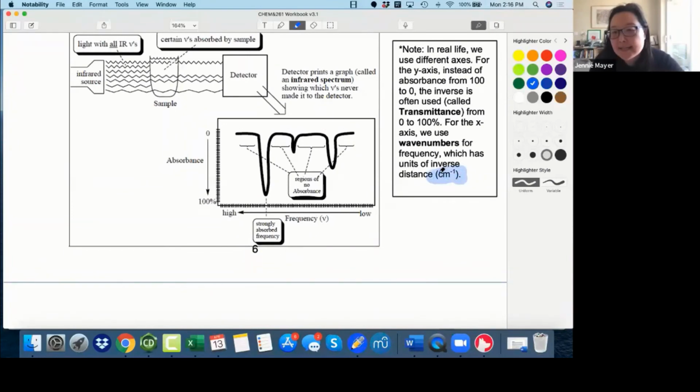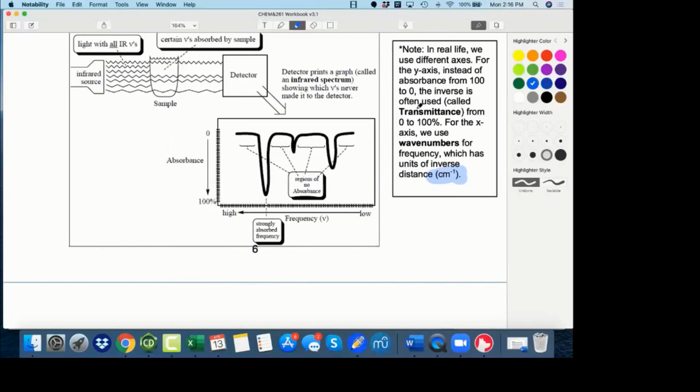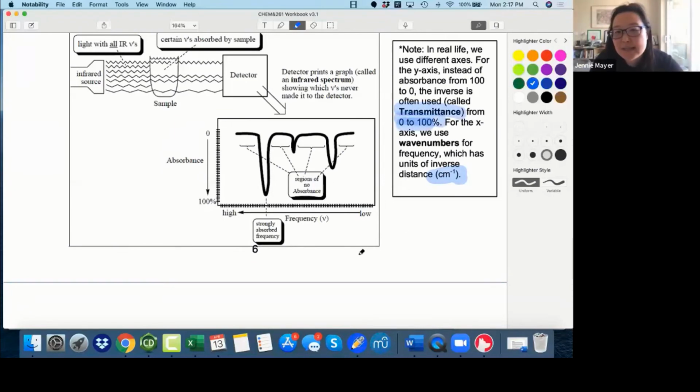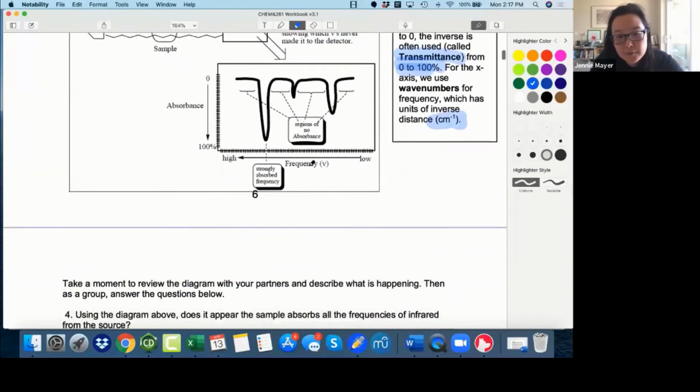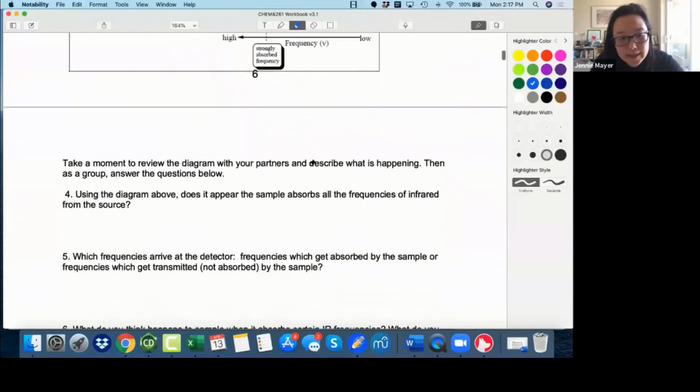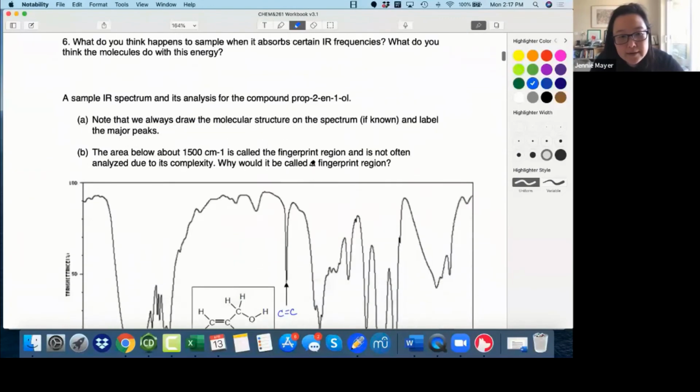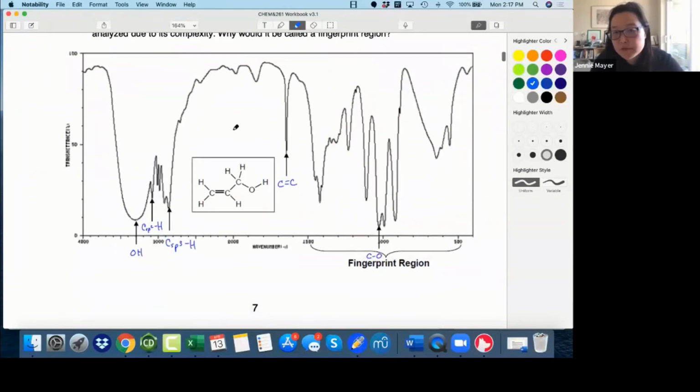The x-axis is wave numbers, and the y-axis is transmittance, or percentage transmittance out of 100%. Okay, so you can write that here if you want. Okay, let's go down and look at a real spectrum. Of course, you can go back and answer those questions if you want a little bit more detail with that and practice with the theory.